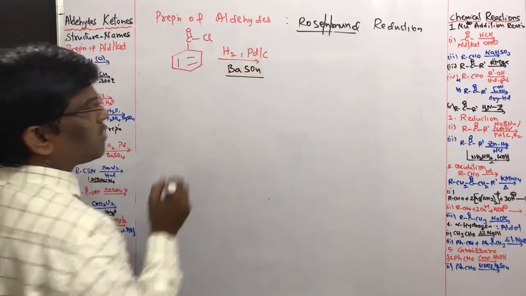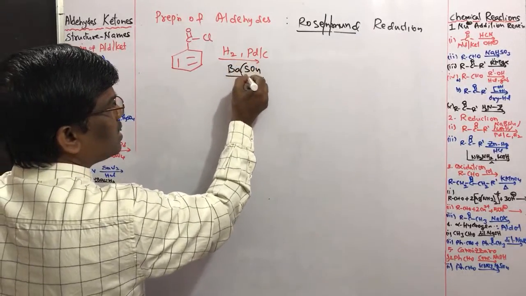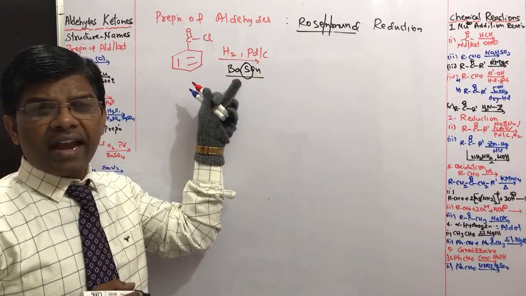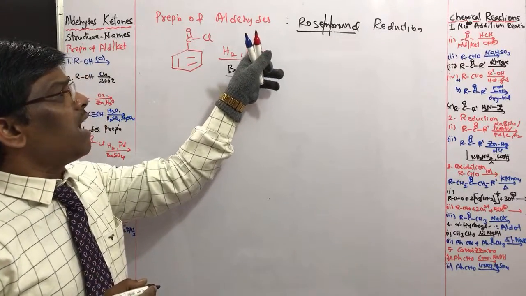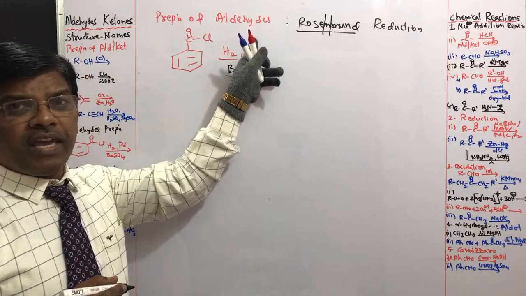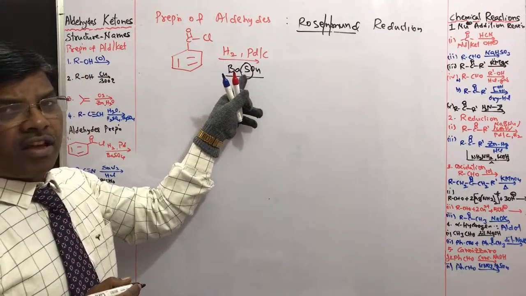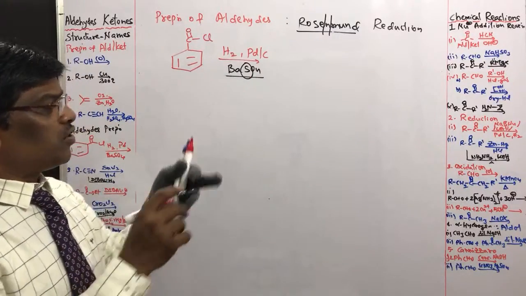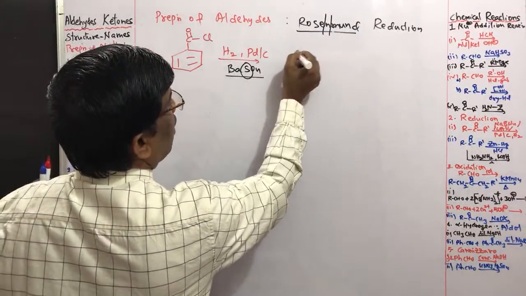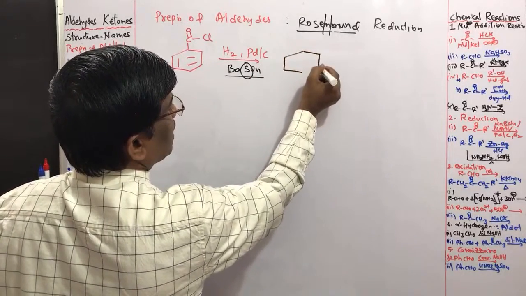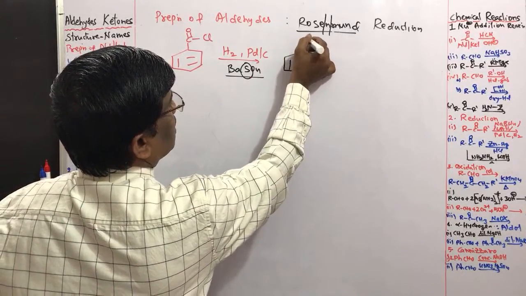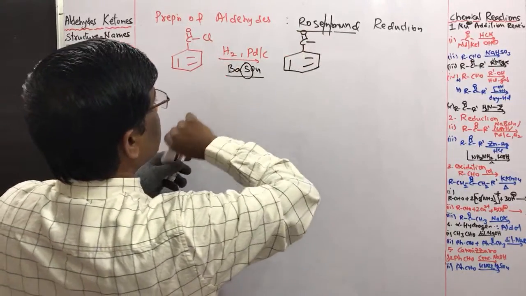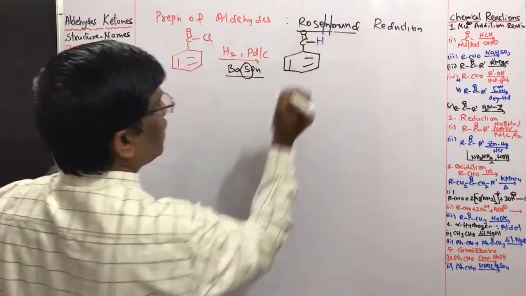In this barium sulfate, the sulfur which is there as sulfate behaves as a poison towards the activity of palladium, and it stops at aldehyde stage only. This is aldehyde, where this chlorine is reduced to hydrogen.